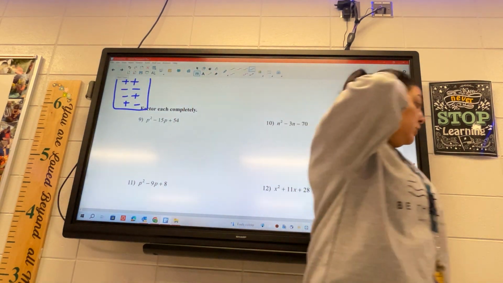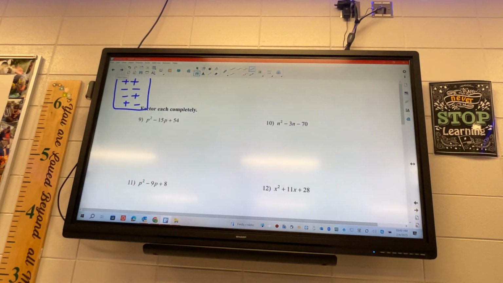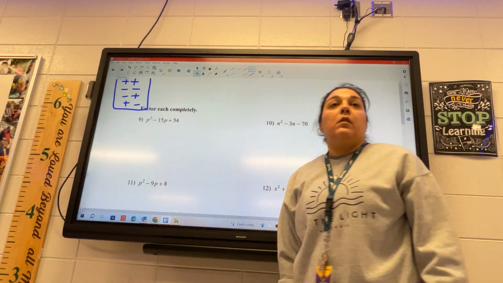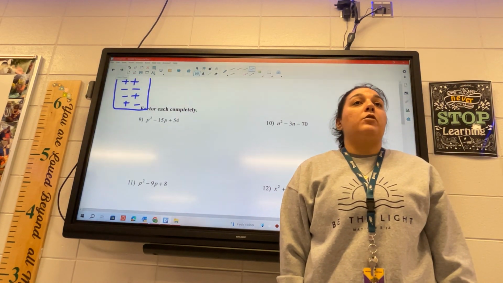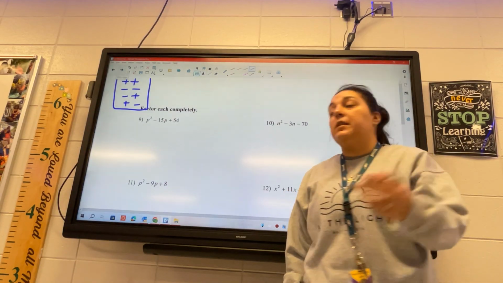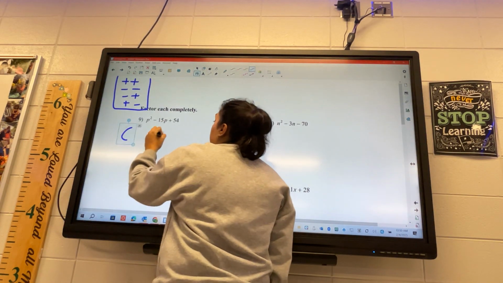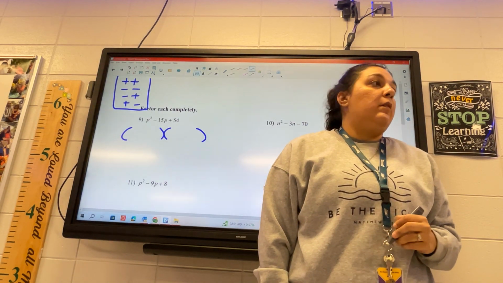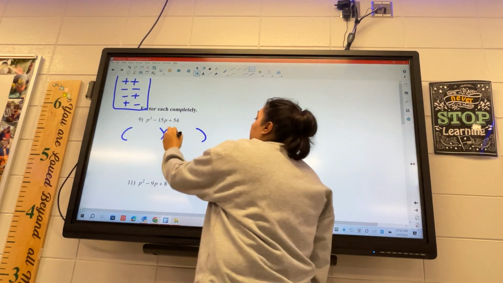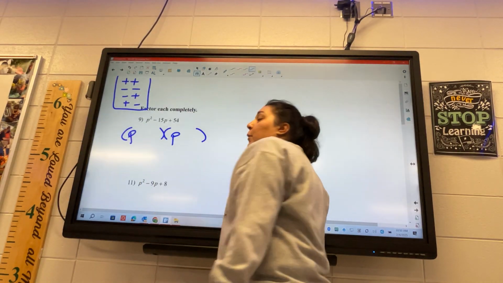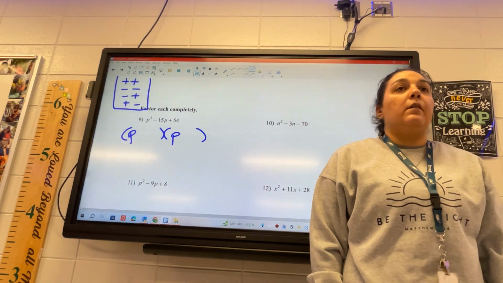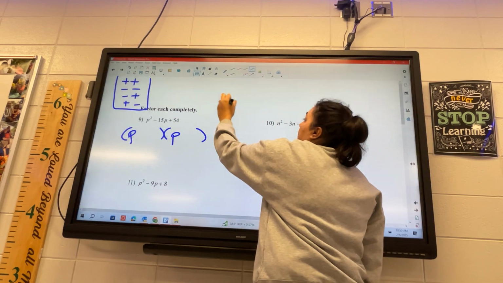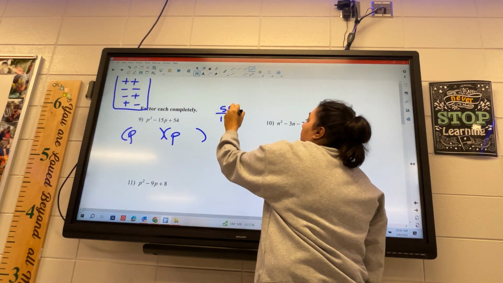So if we look at the very first one, what is the first step we need to do? What's always the first thing you need to do? We're going to draw two parentheses. And then what do we do? P and P. Then we make a list of what number? 54. What's the first one? 1 times 54.